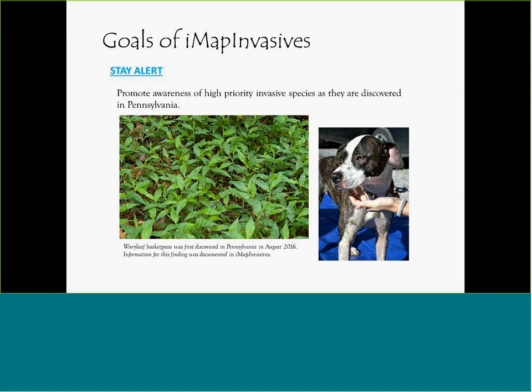Once it does spread here, you can see in the photo, there's a picture of someone's dog in a park or somewhere where the wavy leaf basket grass was, with seeds attached all over the dog. So it's unfortunately an easy way for this particular species to spread.